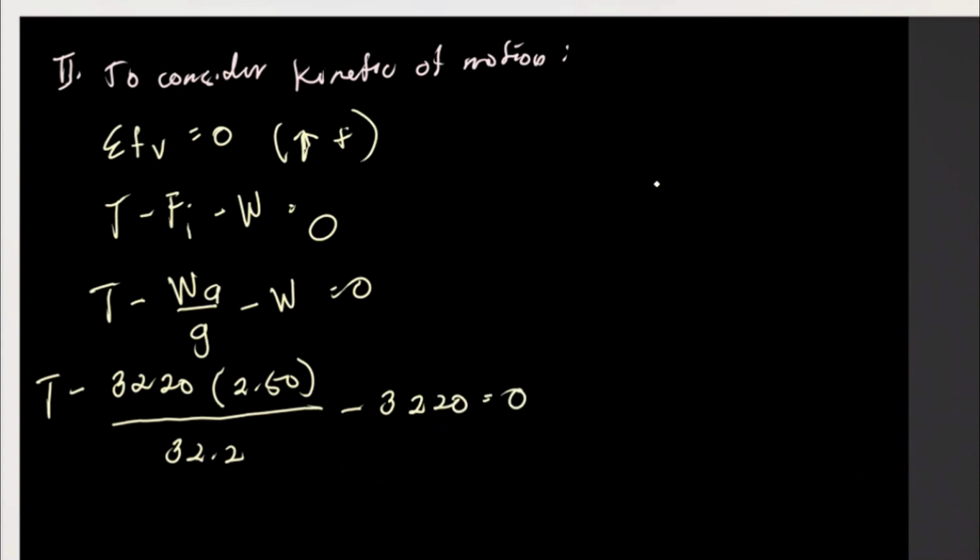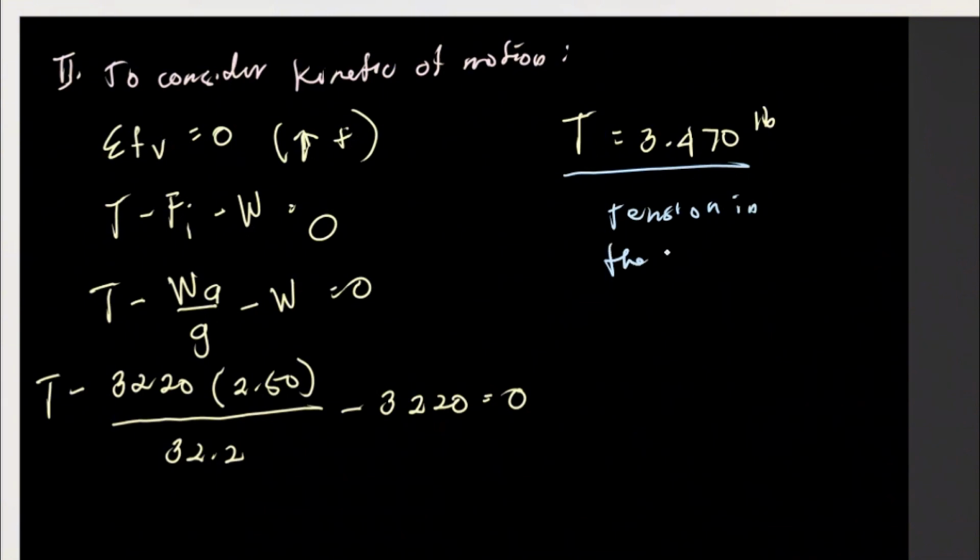Resolving that, the value of T is equal to 3,470 pounds. This is the tension in the elevator cable. We just used the kinetics of motion in our problem. So, that is for our first problem.